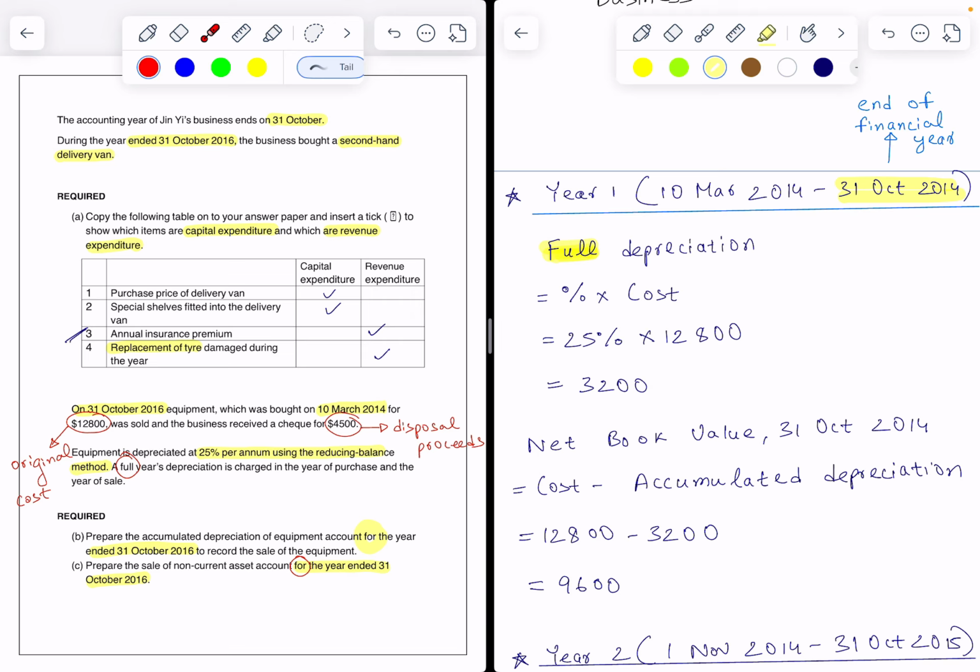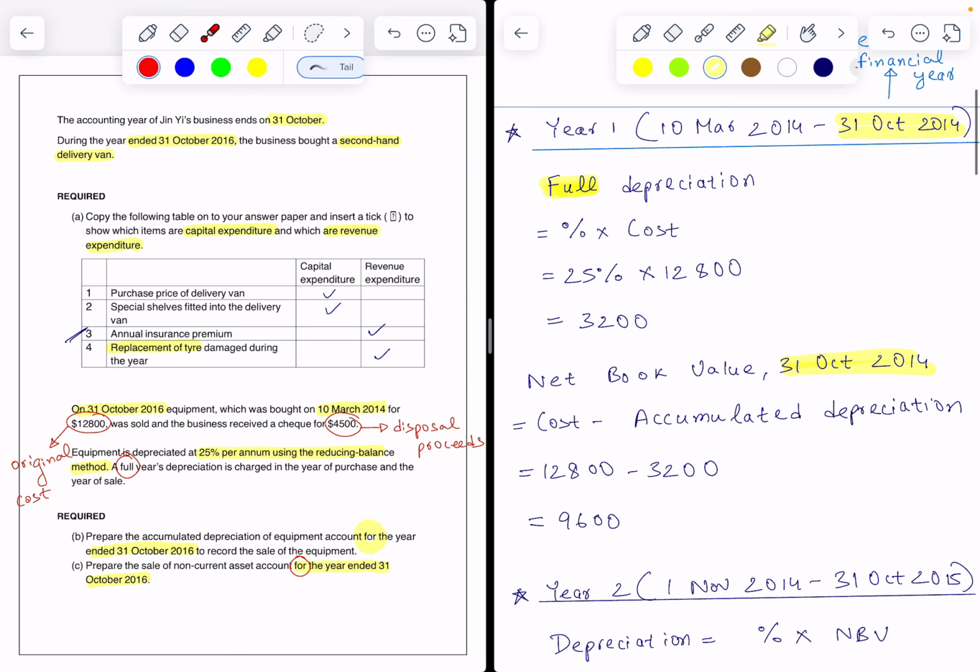So the net book value at the end of year 1, which is 31st of October 2014, is calculated as the difference between the original cost and the accumulated depreciation. The accumulated depreciation stands for the total depreciation we have so far for the specific asset since the day of purchase.